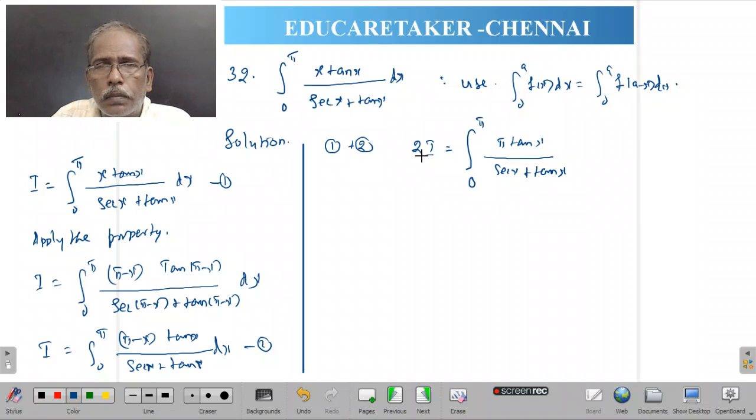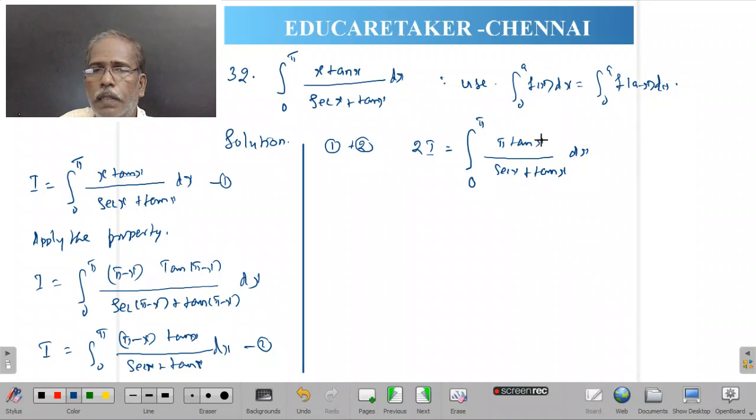Now 2I, and one more thing, pi can be taken outside. There is no change for the lower limit and upper limit. Then for secant x plus tan x, we multiply and divide by secant x minus tan x.